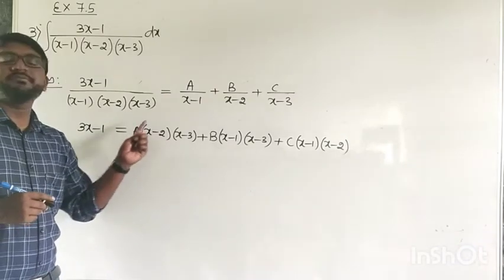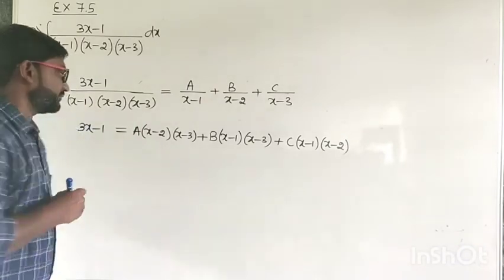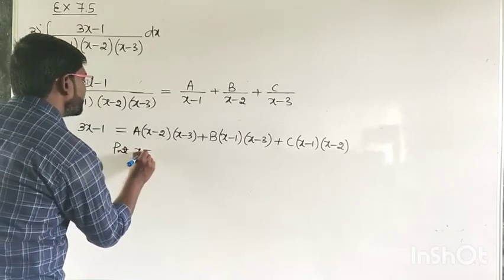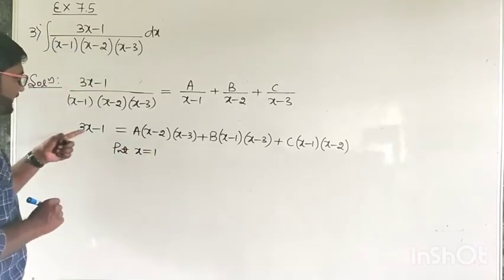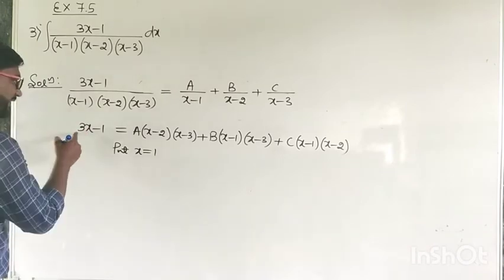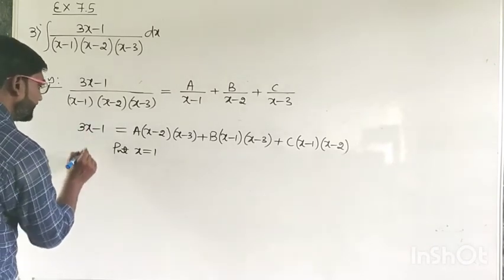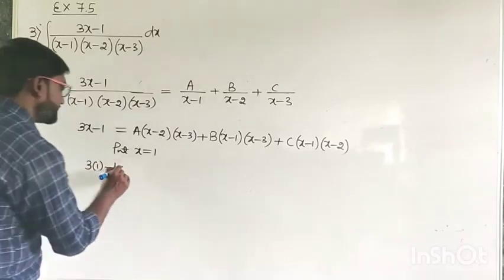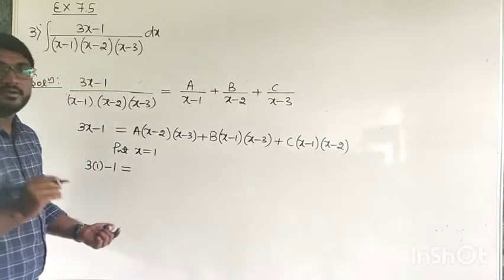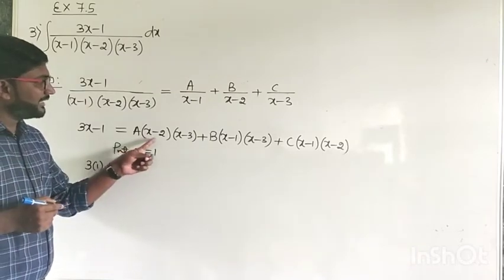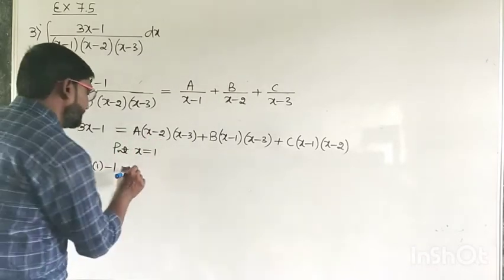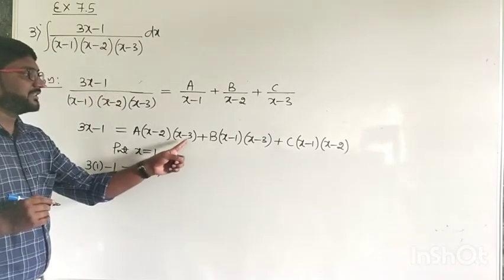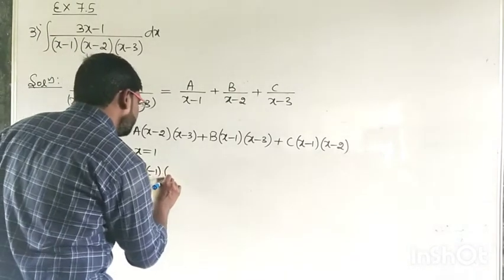That means from this we can get the value of a. So see here. Put x equal to 1. On the left hand side, 3 into 1 is 3, 3 minus 1 is 2, which equals a into (1 minus 2), which is minus 1, into (1 minus 3), which is minus 2.